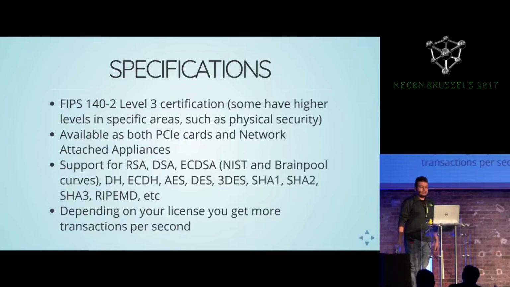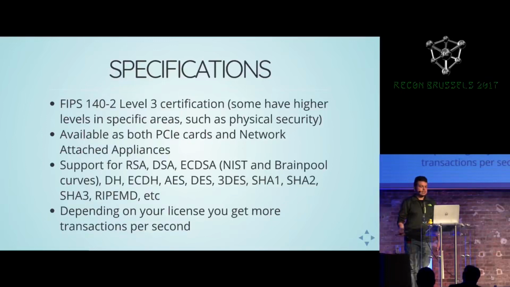It has support for many algorithms. It comes in both a PCI Express card and a network HSM. And depending on the license, you can get more transactions per second. Well, this license check is a simple check inside the firmware, and you can change it at any time. But you won't have a FIPS validated firmware.